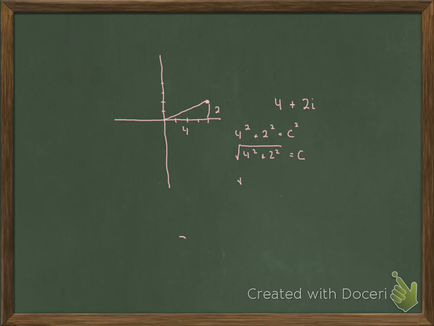So 4 squared is 16, 2 squared is 4. So we get the square root of 20. So we need to simplify that radical. So we're going to simplify the square root of 20.